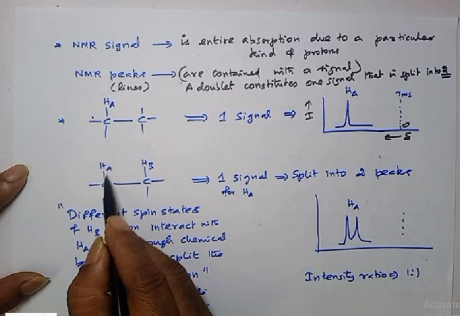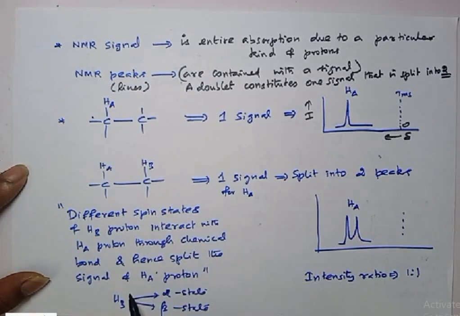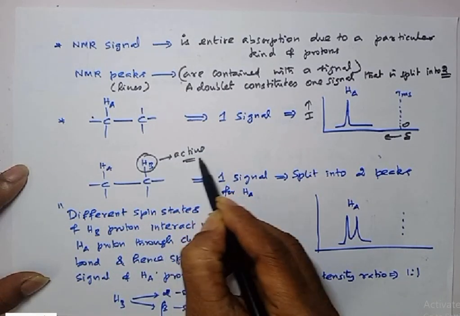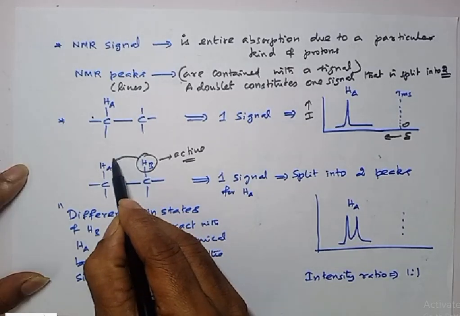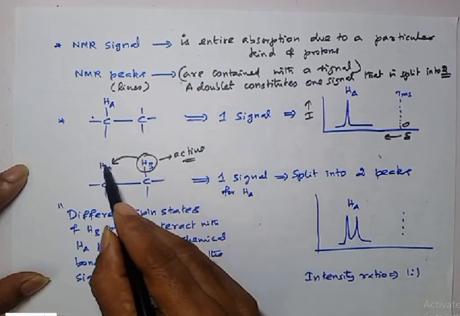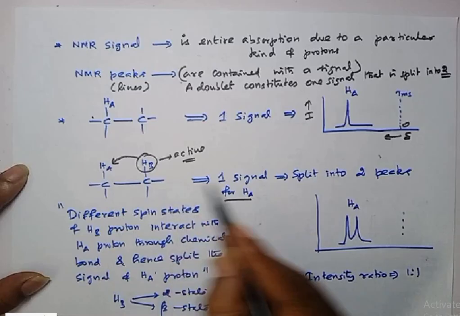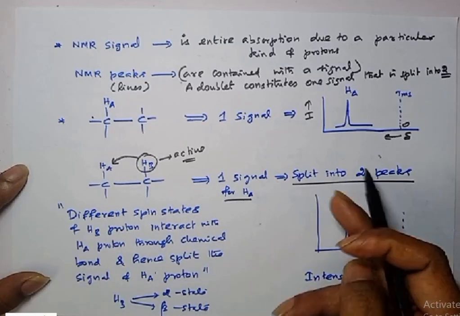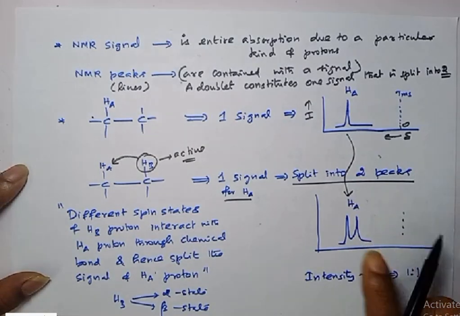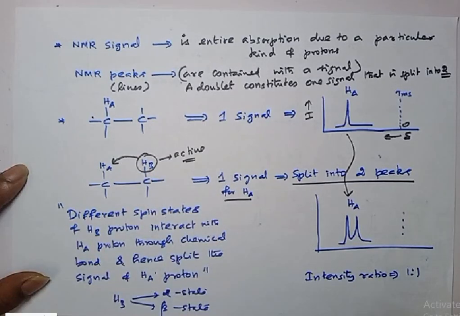Suppose in this compound the adjacent carbon has another proton HB. HB is also an active nucleus. So it will split the signal of HA into two. HA gives one signal, and that signal is split into two peaks due to the adjacent proton.